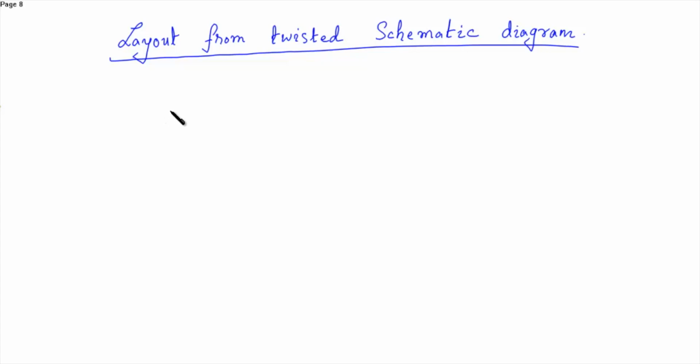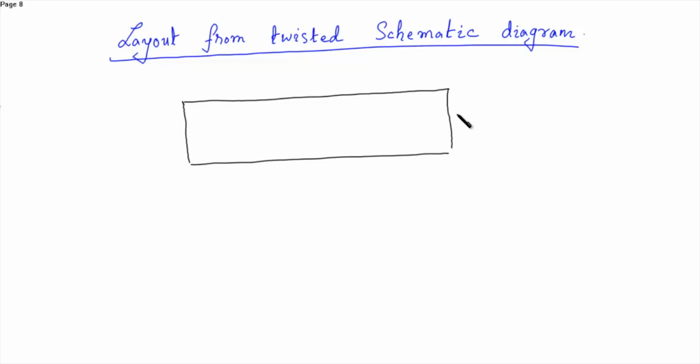The PMOS is in series and the NMOS is in parallel. We know the PMOS is constructed from N-well and P diffusion layer. So this is the N-well.